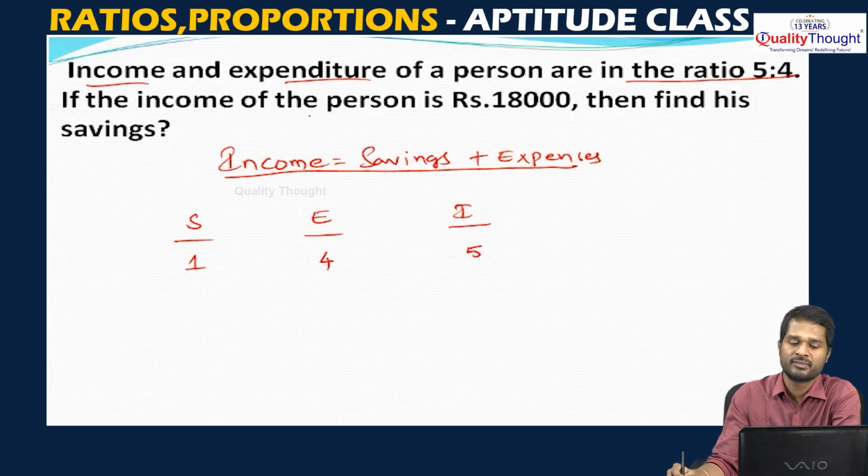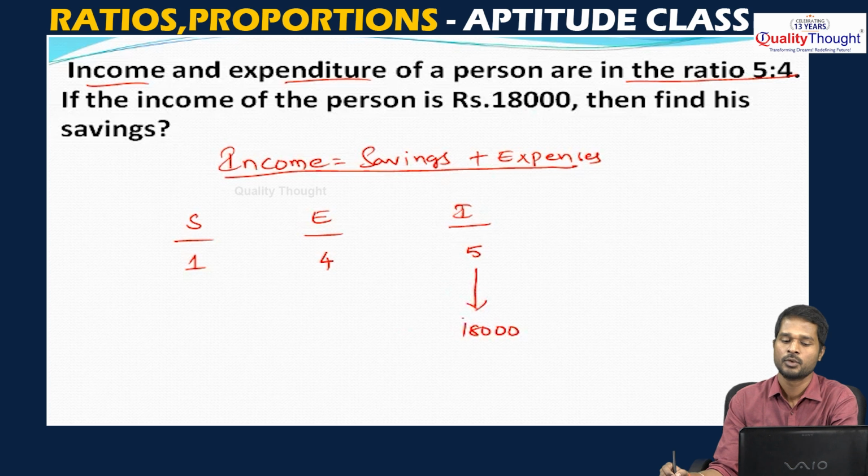Now he says, if the income of the person is 18,000, so income has become 18,000. So how has income become 18,000? 5 3s are 15, 5 6s are 30, 2 zeros.